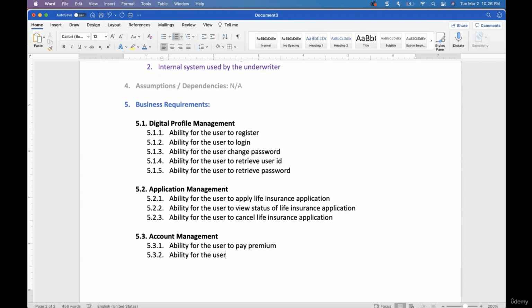Ability for the user to update address or contact information. Ability for the user to view account history.